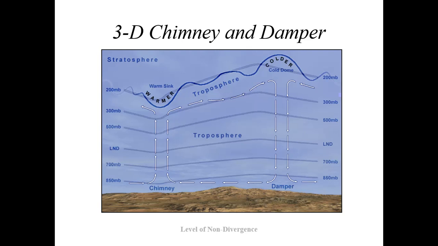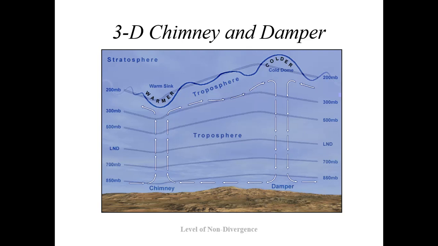Above that, you'll notice the spreading apart of those white arrows at about 300 millibars, 30,000 feet, and that is my upper level divergence with the chimney. Upper level divergence aloft, low level convergence below it in the lower troposphere. So opposite effects: convergence with the chimney effect below the LND, divergence above it. The LND is your transition between the low level convergence and the upper level divergence in this case.